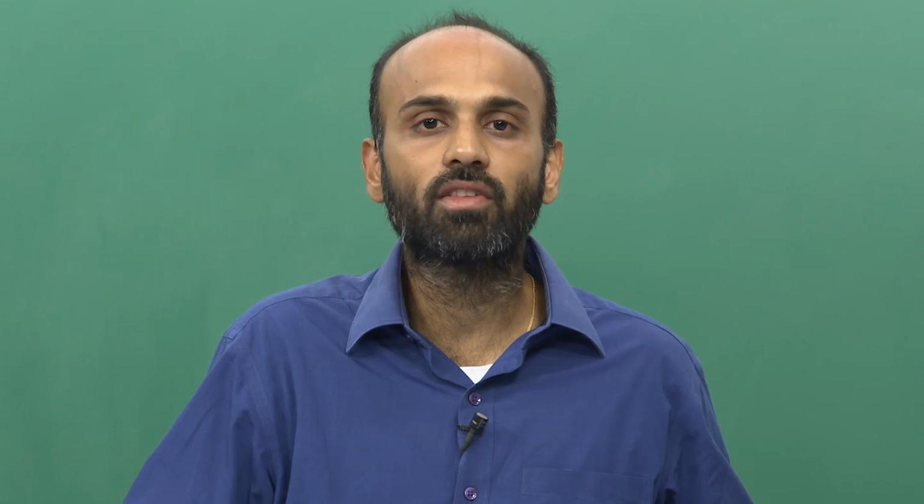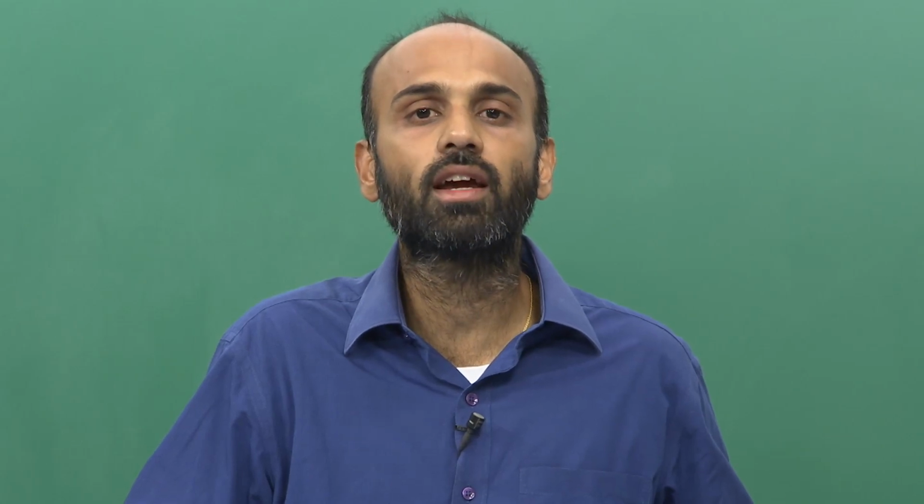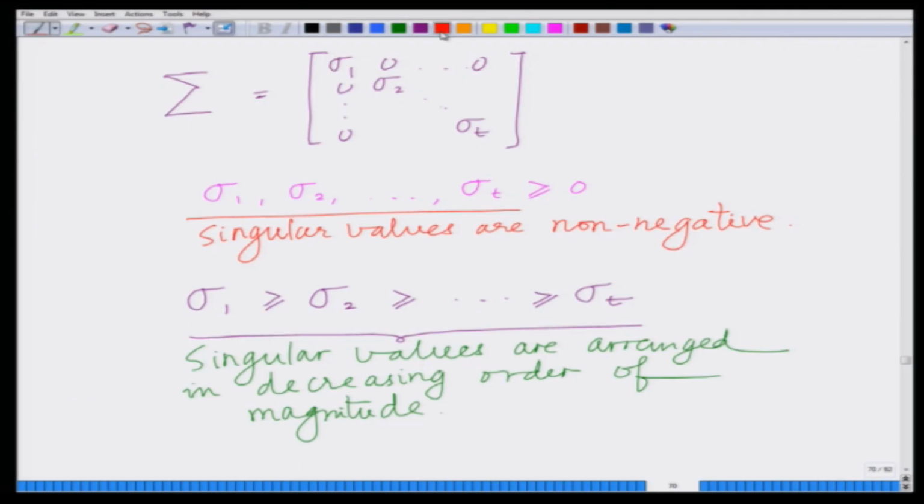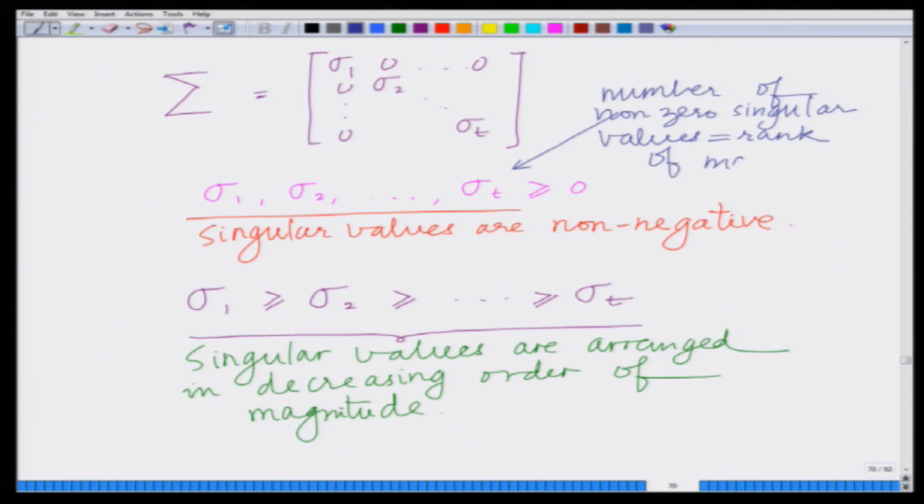Also, an interesting property of the singular values is that the number of non-zero singular values denotes the rank of the matrix. So, the number of non-zero singular values is equal to the rank of the matrix.